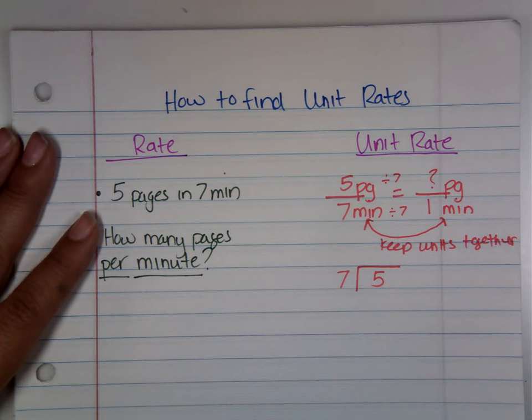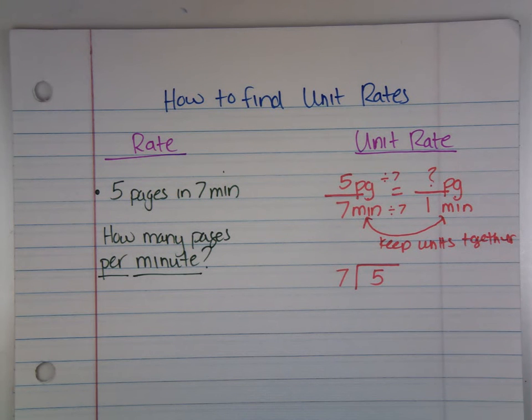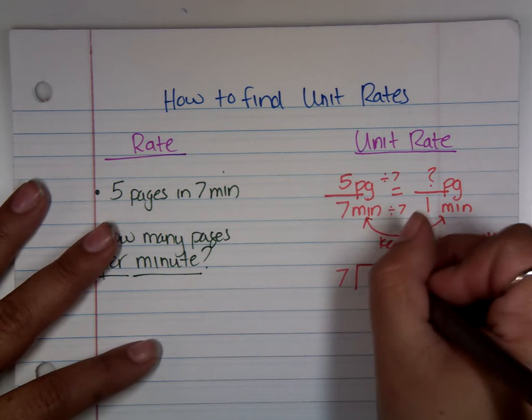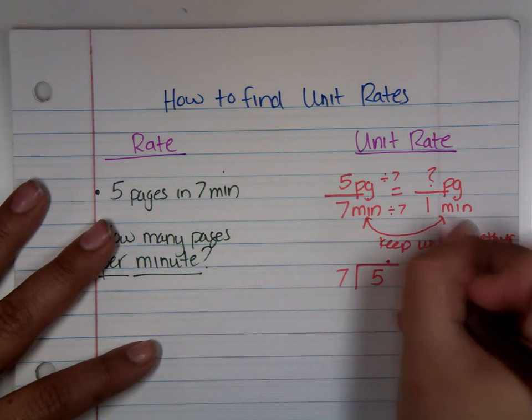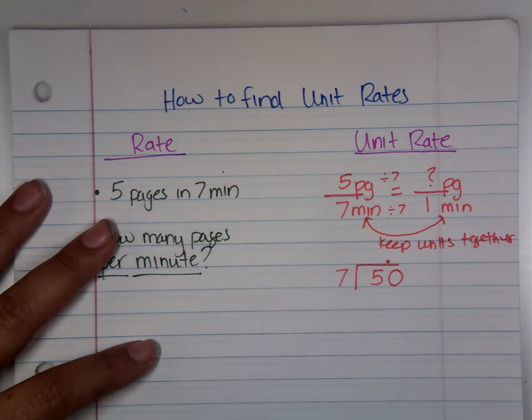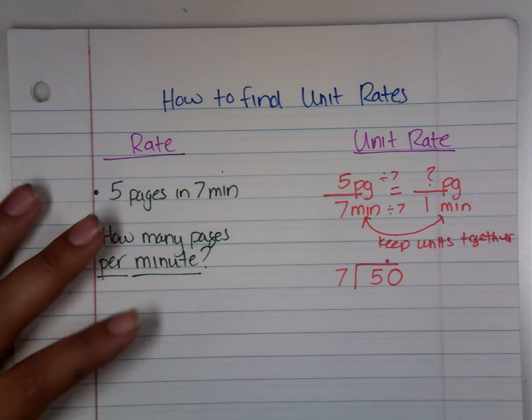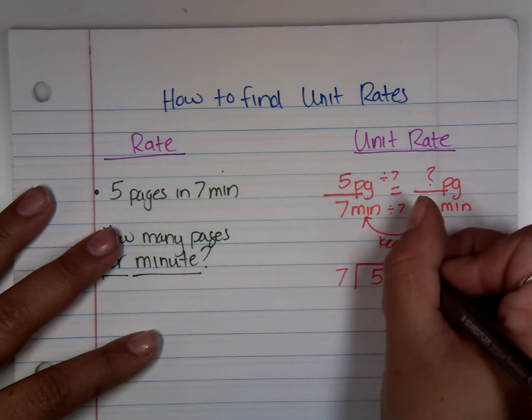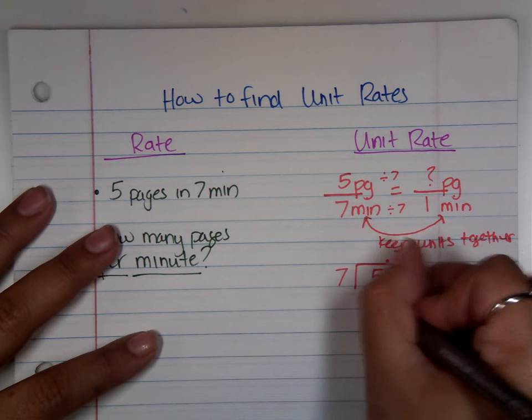So what do we have to do? Okay, you're right. We have to make it bigger. So I'm going to make 5 bigger by adding a decimal and a 0. Okay? 7 can go into 50. How many times? 7 times, good, which is 49.